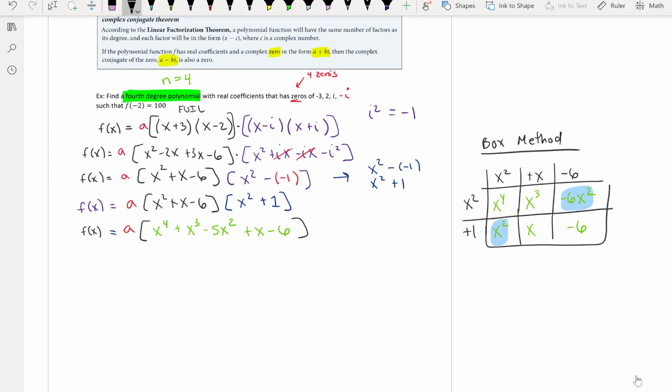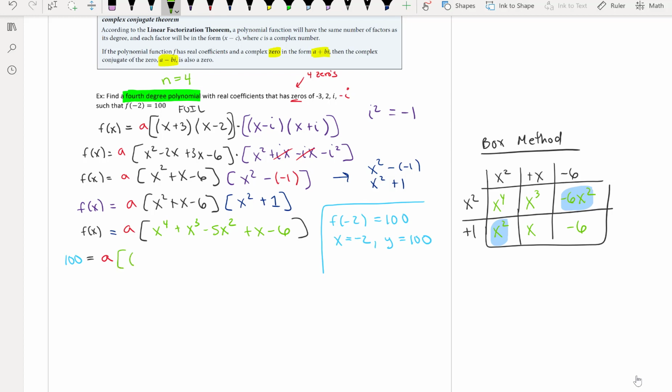Okay. So now that I have that very long polynomial, I also have one piece of information that I haven't used yet. That piece of information is that f of negative 2 is equal to 100. Well, this tells me that x is equal to negative 2, then my y is equal to 100. So I'm going to plug that into my equation. So my y value is 100. It's equal to a.